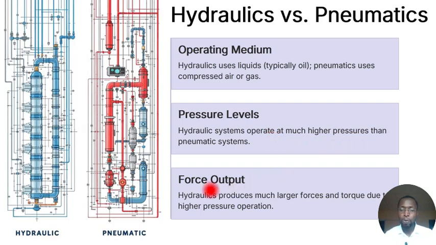Now, the force outputs. Hydraulics produces much larger force and torque due to higher pressure operation, so that we have more force produced by hydraulics than that of pneumatics. So these are the three major differences between hydraulics and pneumatics.